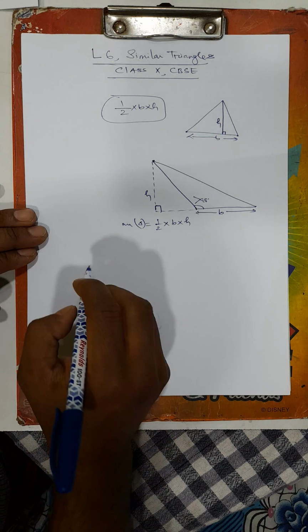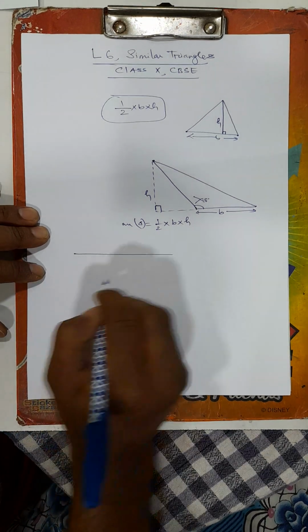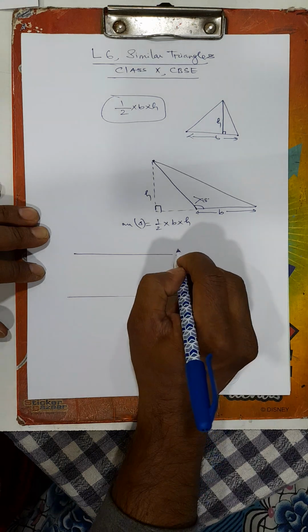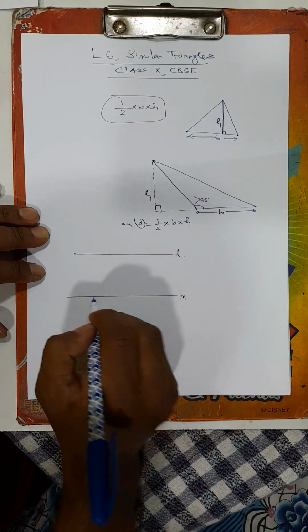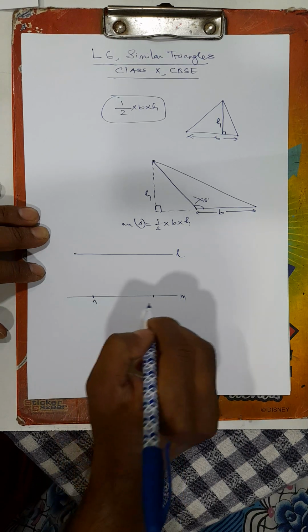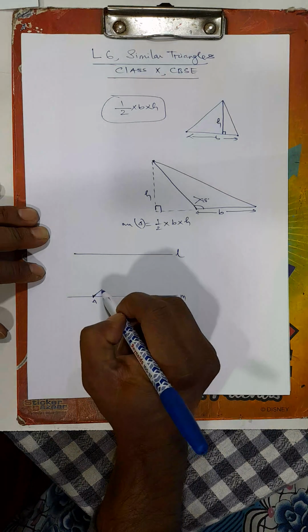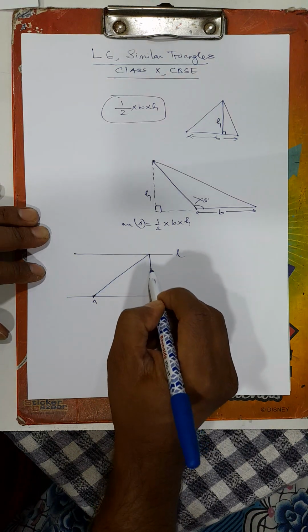Again, let us remember one important property we discussed in class 9. Say these two lines are parallel, suppose L parallel to M. Now think about this line segment, suppose AB. Now taking AB as the base, you make some triangles here.